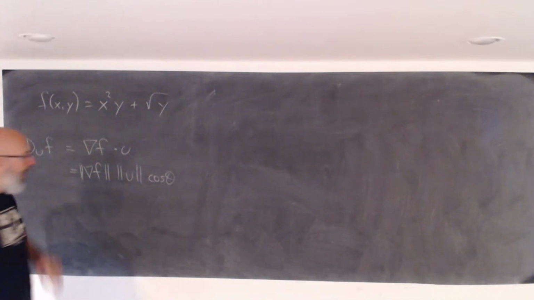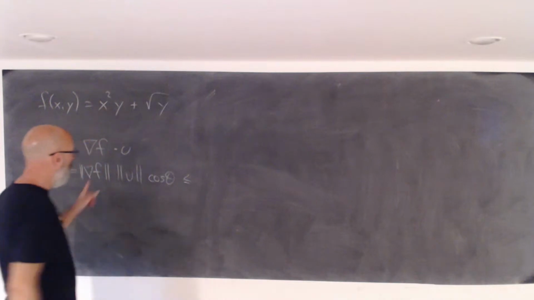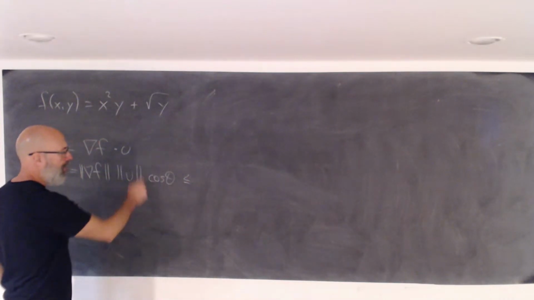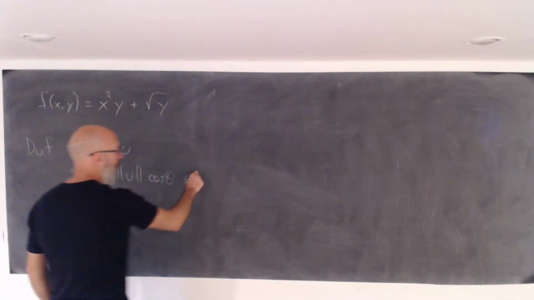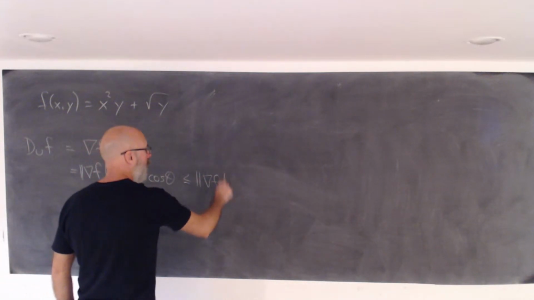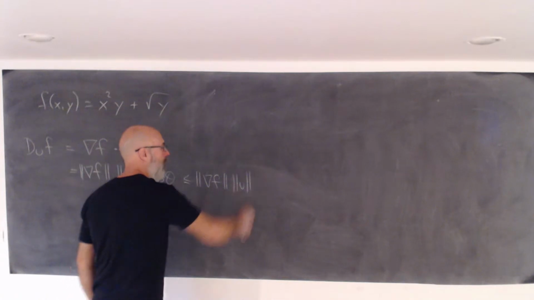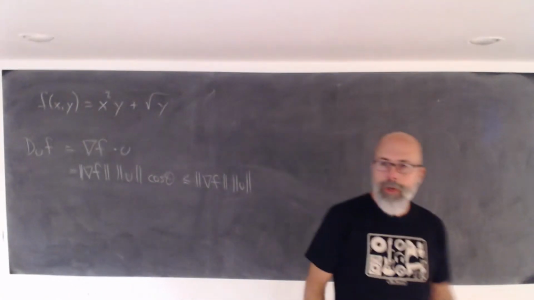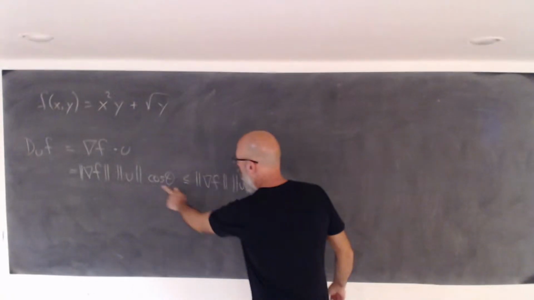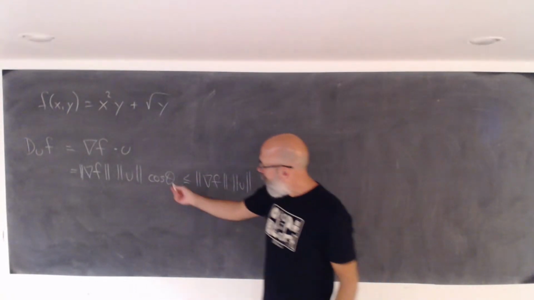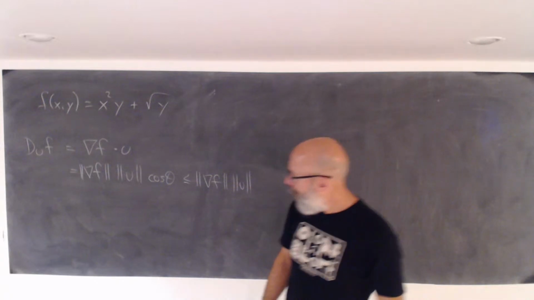So this is less than or equal to, because cosine is between -1 and 1, this. And in fact, equality is achieved if theta is 0.